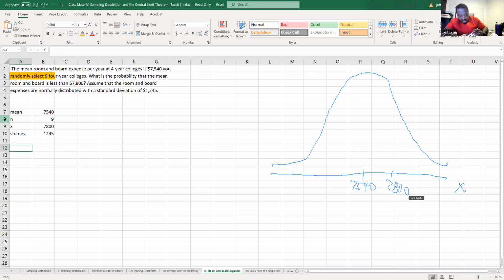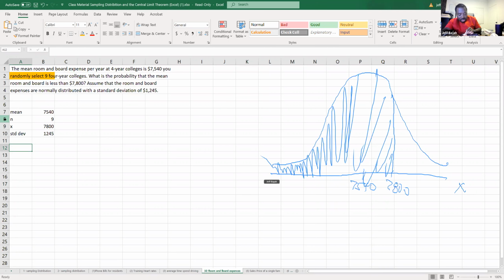So since it's less than, I know that I'm going to shade this way. For my Z value, this is 0, and I don't know what this is, so I'm going to find Z.